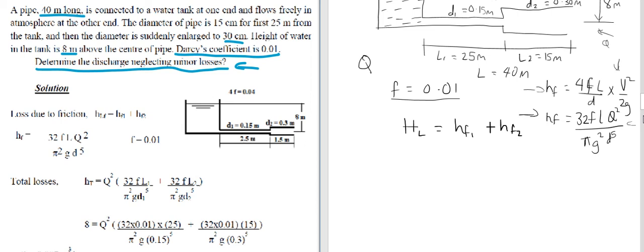So now, what is our HL? Remember I told you that HL is the difference in height, that is 8 meters. So we have 8 equal to HF1 plus HF2.